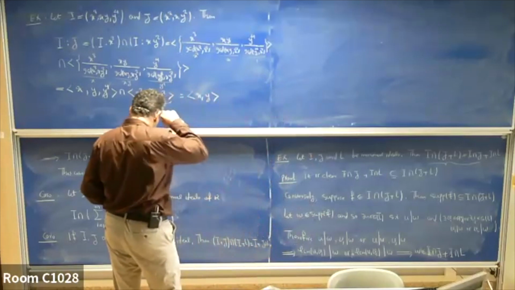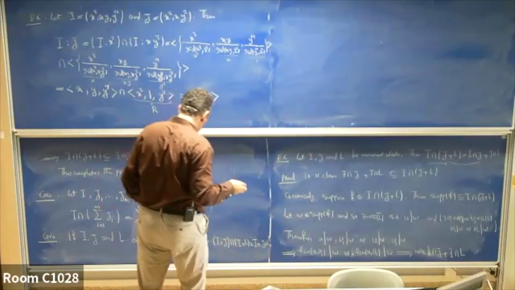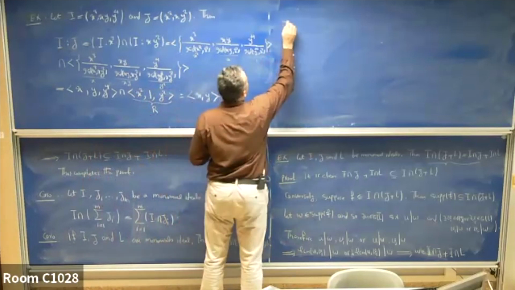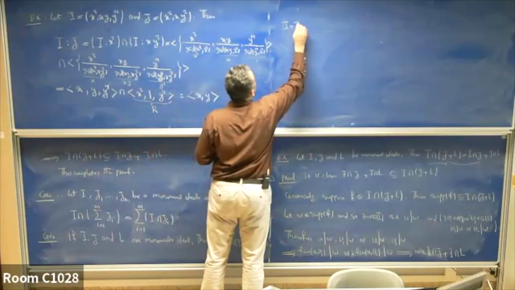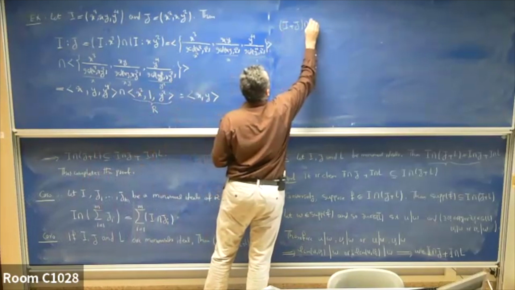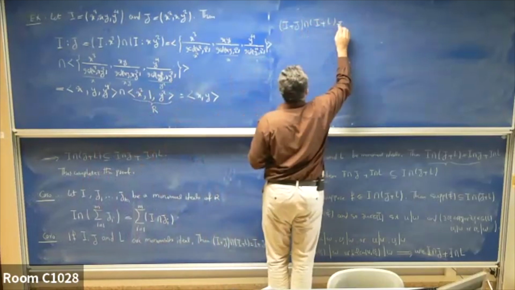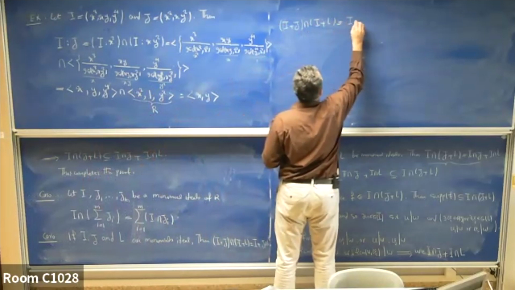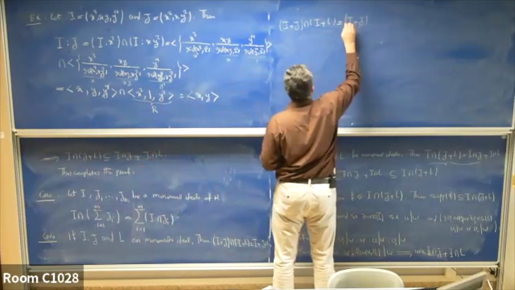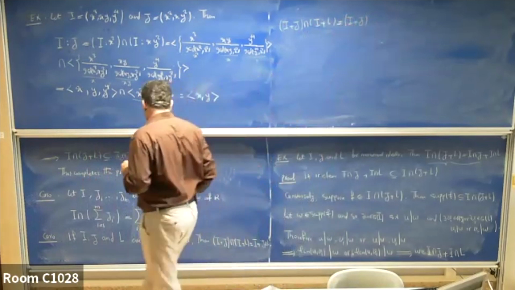So for this corollary, (I + J) intersection (I + L) is equal to (I + J) intersection I plus (I + J) intersection L by the exercise.